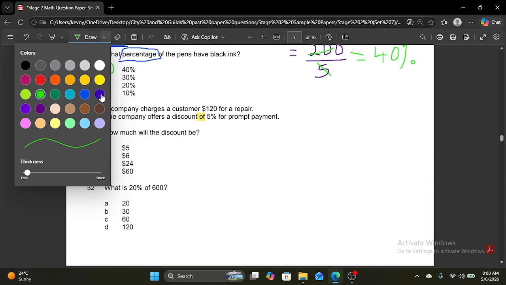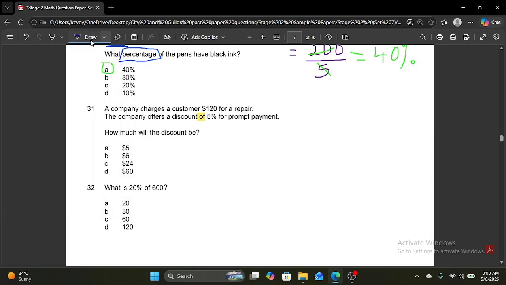What are we going to multiply? We're going to multiply the 5% by the 120. So we have 120 multiplied by 5%, and 5% is just 5 over 100. 5 over 100 is 5%.